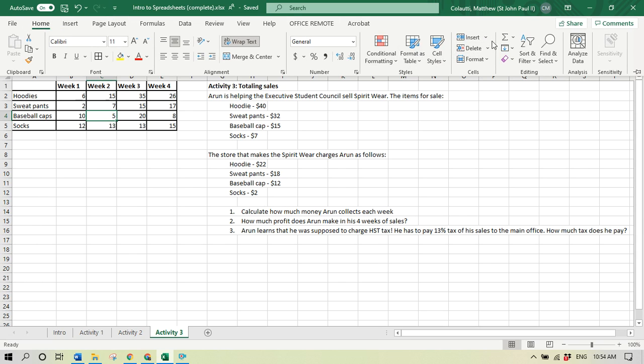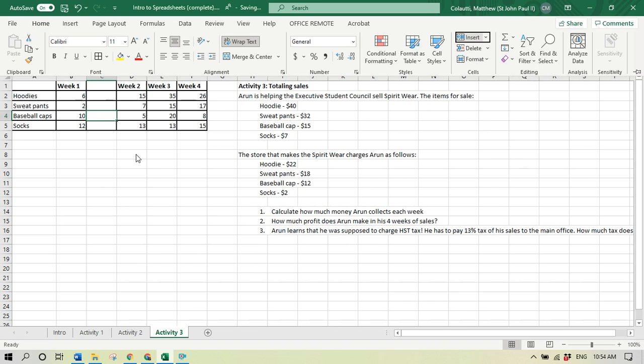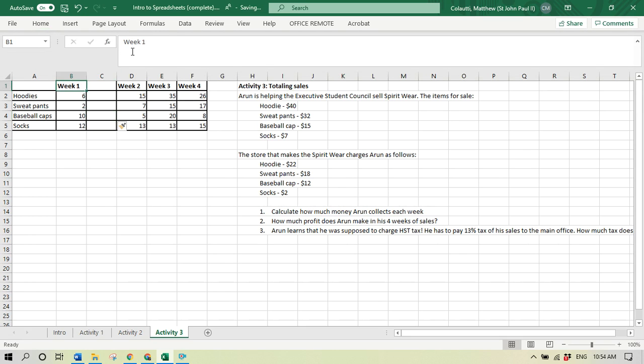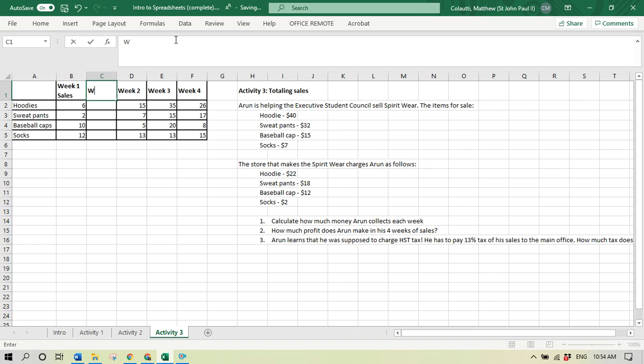So I'm going to insert, this is in the home page, insert a column. So this is the week 1 sales. And this is going to be my week 1 cash.